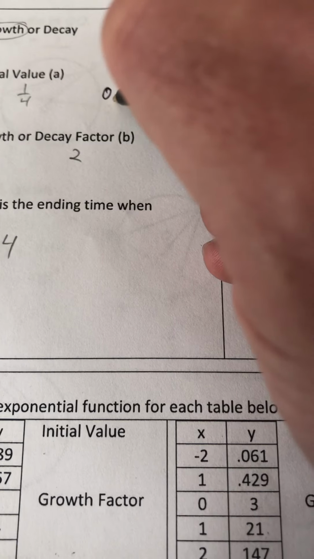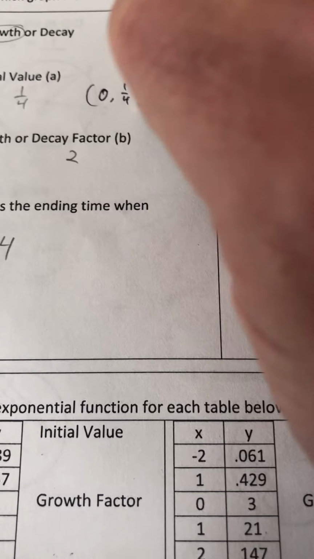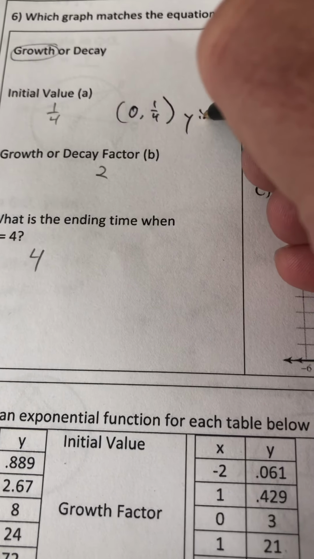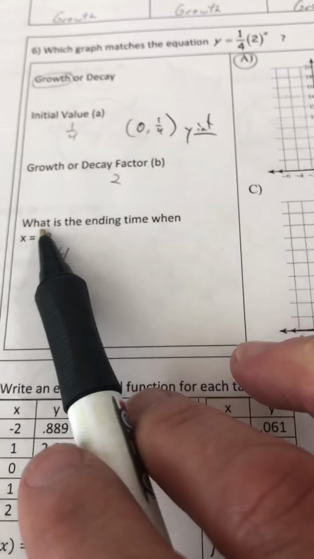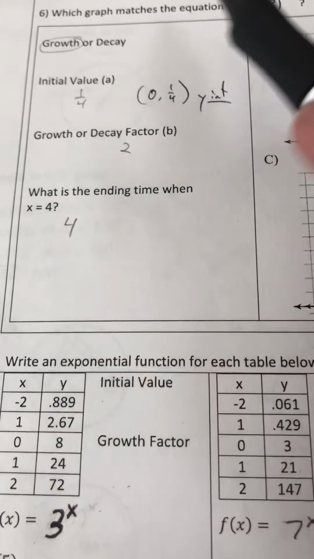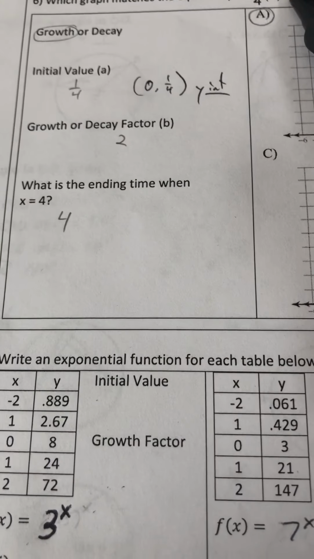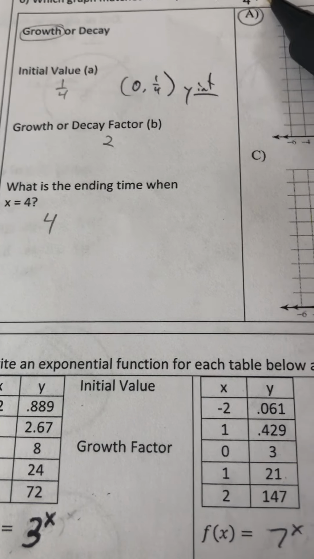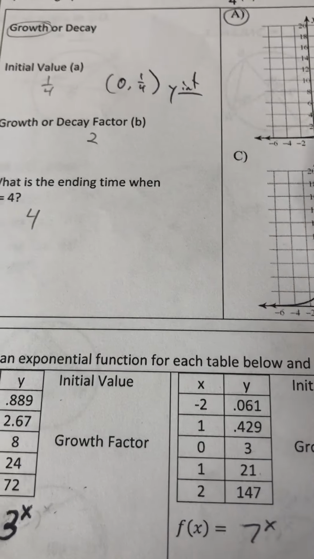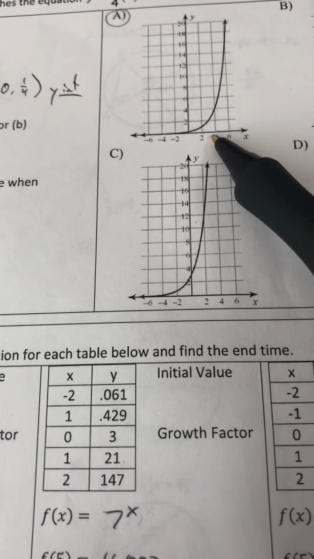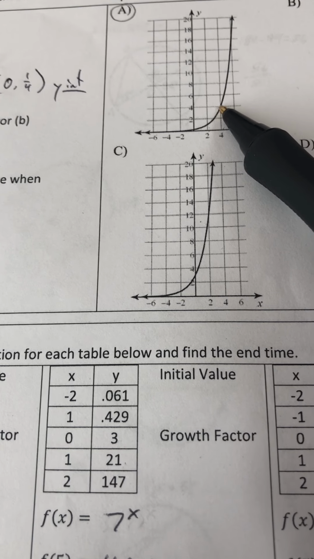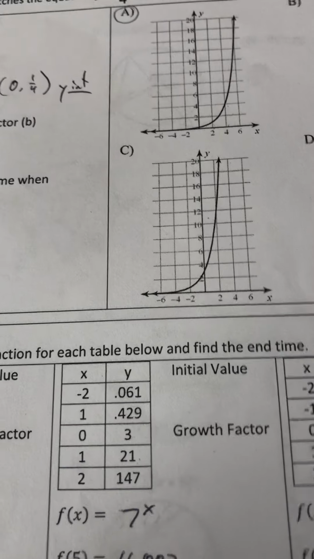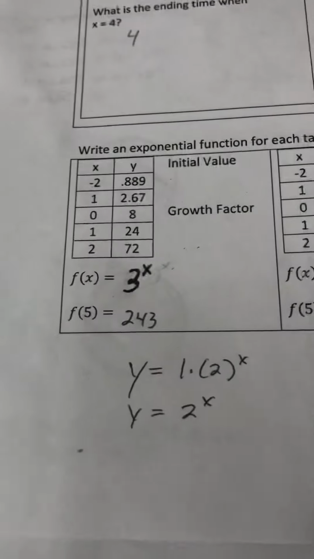So it's going to be 0 and 1/4. That's going to be your y-intercept also, just so you know. And what is the ending time when x equals 4? So you just plug in a 4, and you should get 4. 1/4 times 2 to the 4th is going to be 4, or you could just look here, ending time 4, it's going to take you up to 4. So that should be good for you there.